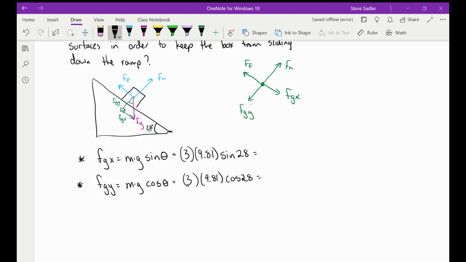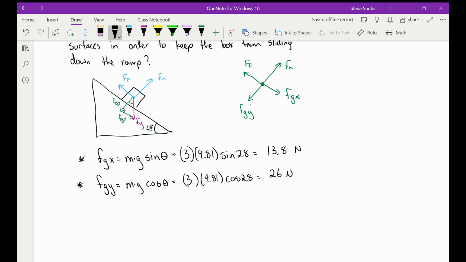And we can solve for both of those. 3 multiplied by 9.81 sine 28 is 13.8 newtons. And the same thing, but with cos 28, is going to be 25.98, let's say 26 newtons.